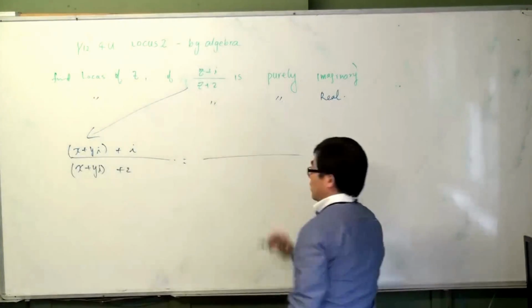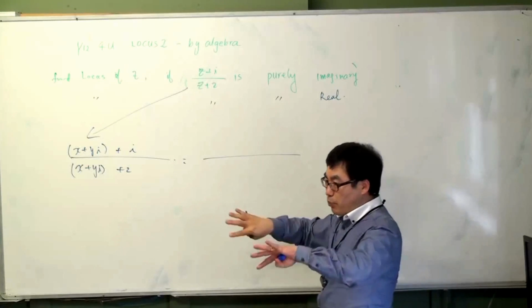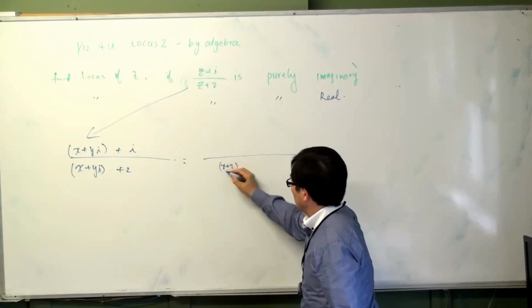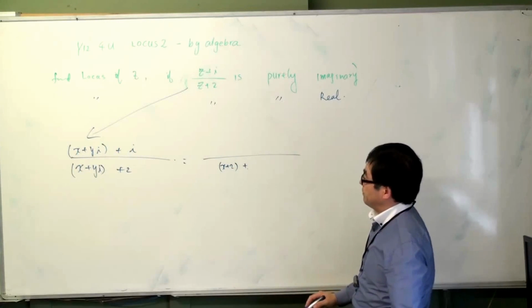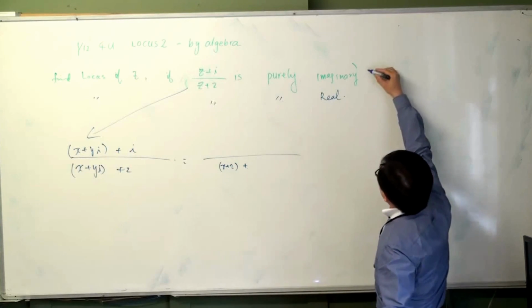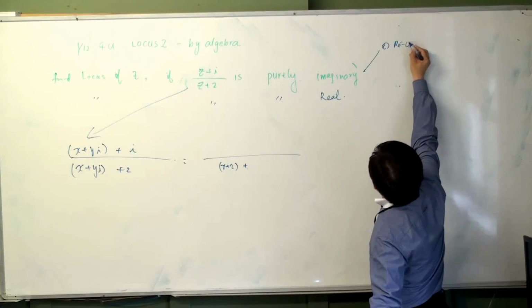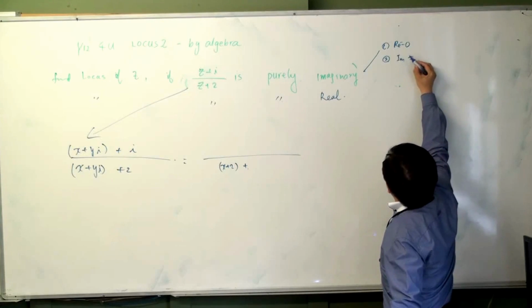From the beginning, we clearly separate real and imaginary: x plus 2. So if I summarize, number 1, real equals 0. Number 2, imaginary should not be 0.